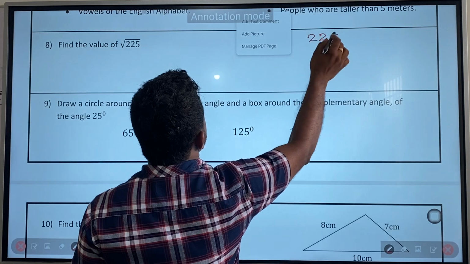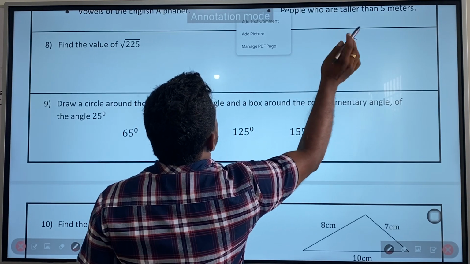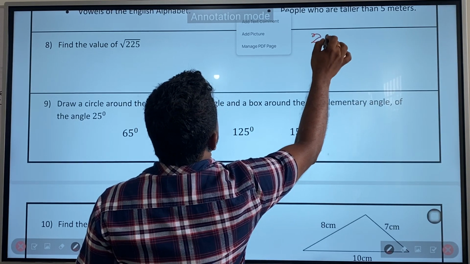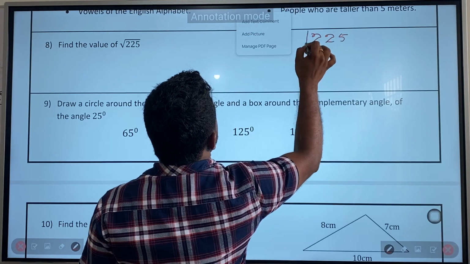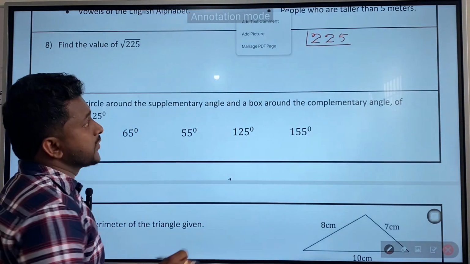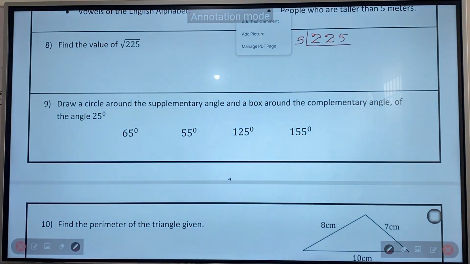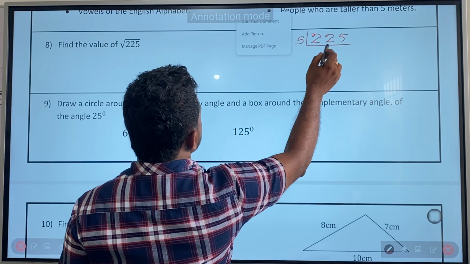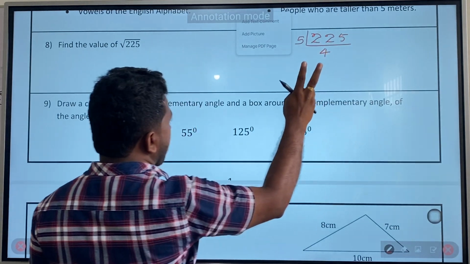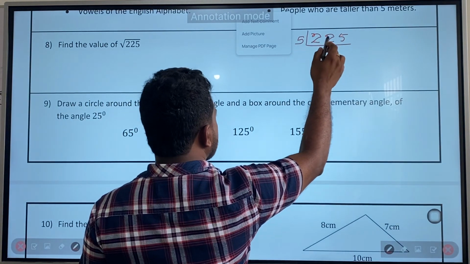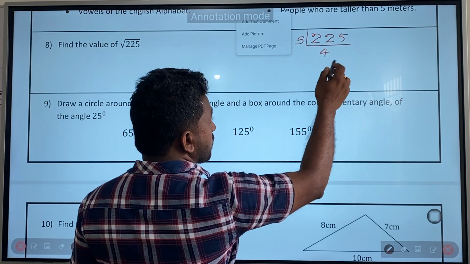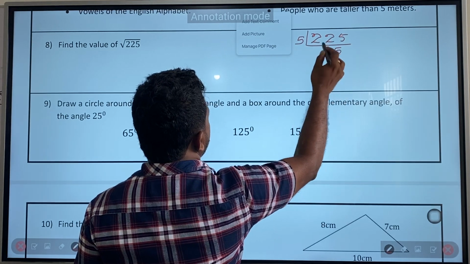This one is divisible by 5. So how many 5 are there in 225? 22 to 4, 2 remaining, and 5 again, 25 to 5, 5, no?